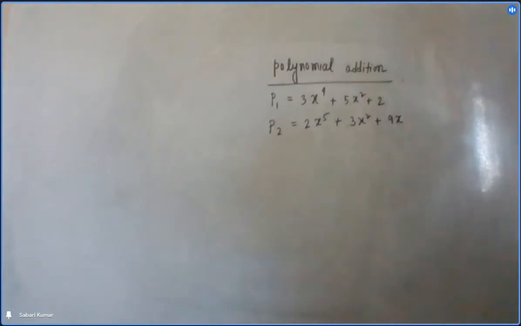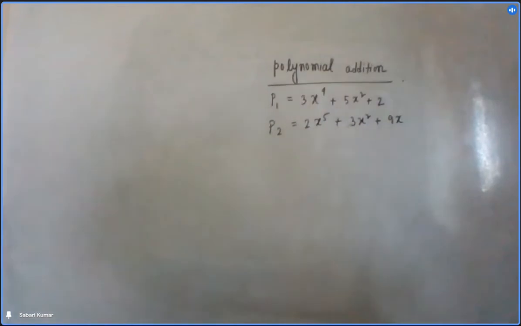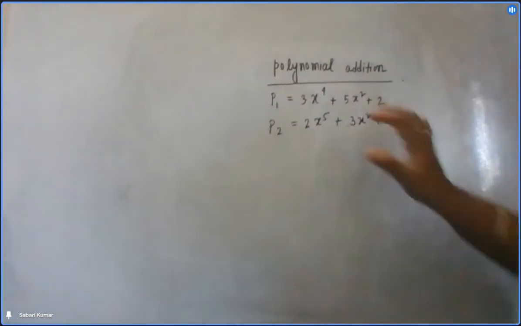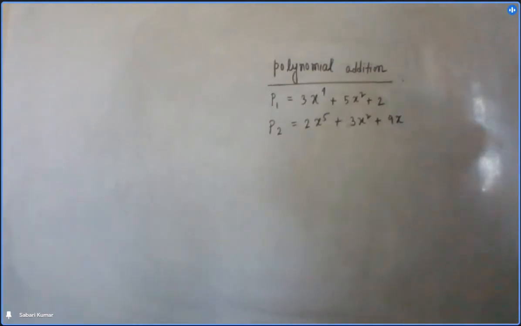Okay, so any power we can use, because you know the degree of the polynomial can be maximum n, so that n value you can take according to your choice. The degree of this polynomial is 4, the degree of this polynomial is 5. That means the maximum power present in the term in a polynomial expression can be considered as the degree of that polynomial. Here it is 4 and here it is 5.